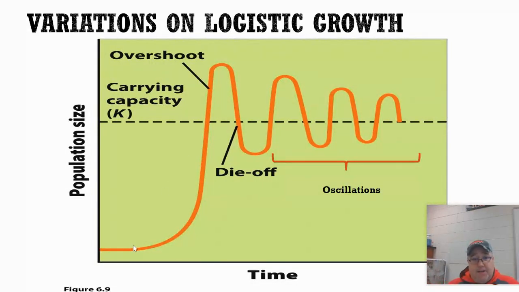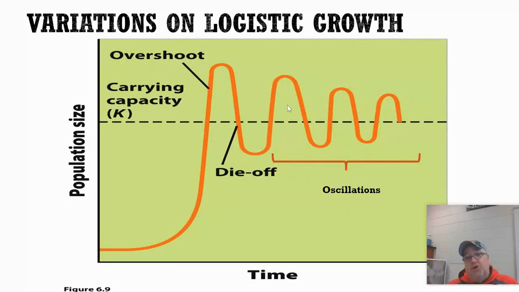But sometimes you get a population that overshoots the carrying capacity. Now remember what that line represents, right? It's how many organisms that the environment can support. So if there's an overshoot, then you can expect that population to crash. You can expect it to come down. We call that a die-off.